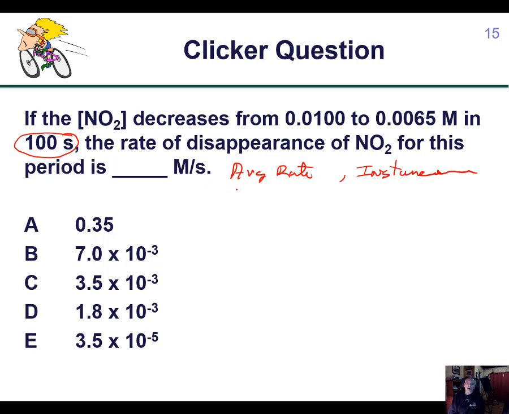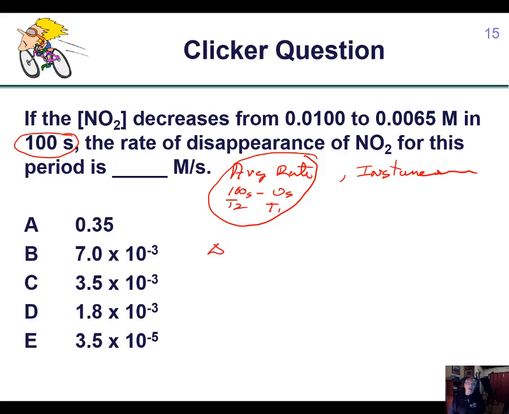So it's definitely an average rate, and we would calculate this essentially as 100 seconds. This would be time 2 minus 0 seconds, which would be t1, and that's where we get the 100 seconds. So this is an average rate of disappearance that's being asked for.